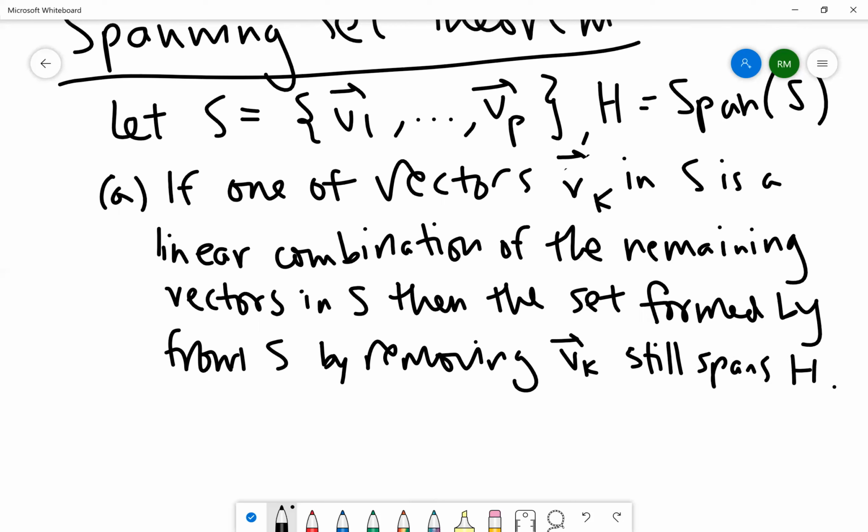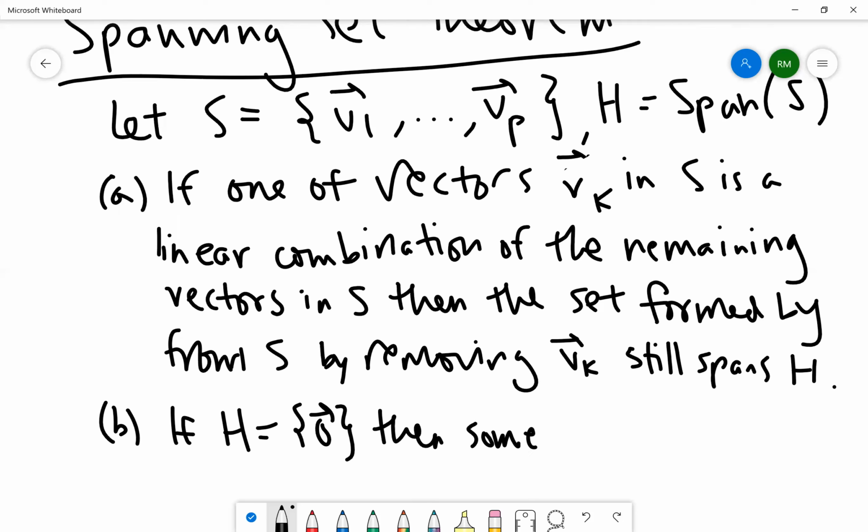H. And then what we should also know is that if H is not the zero subspace, then some subset of S is a basis for H. So what this is telling you is if I have a bunch of vectors and they span something H, maybe a line, a plane, a hyperplane, then some subset of those initial vectors must be a basis.